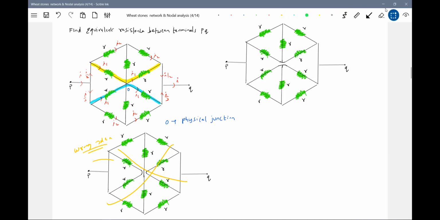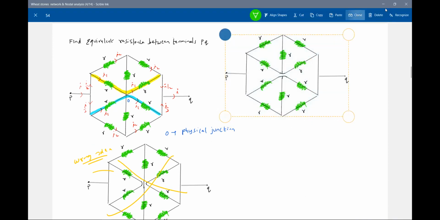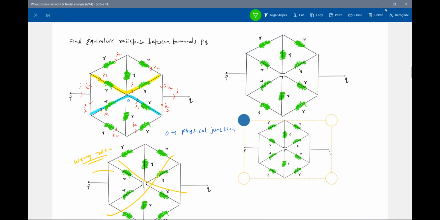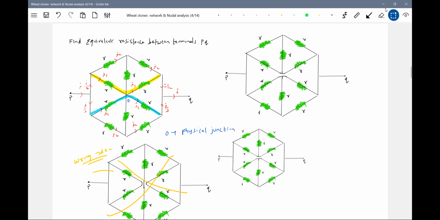There are two Wheatstone networks that we are seeing. Can we simplify them? I can remove this resistor. Any reason for that?